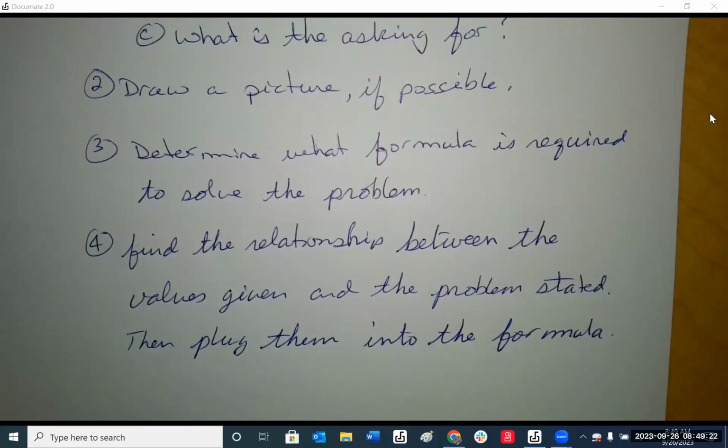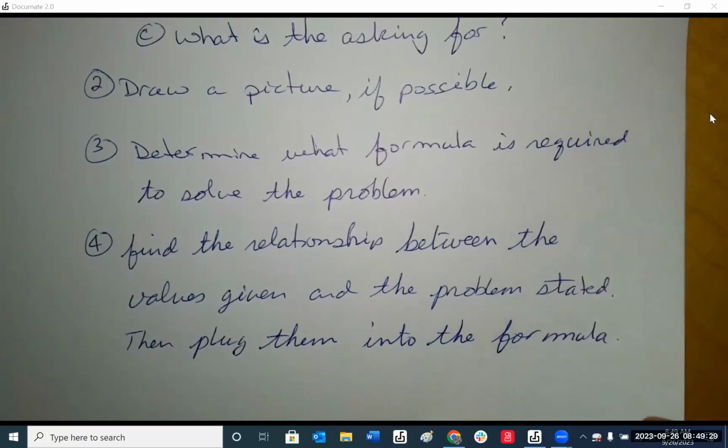And then there would be a fifth step. So, okay, check your answer, make sure it has the right units, and make sure the answer makes sense to what you're being asked.